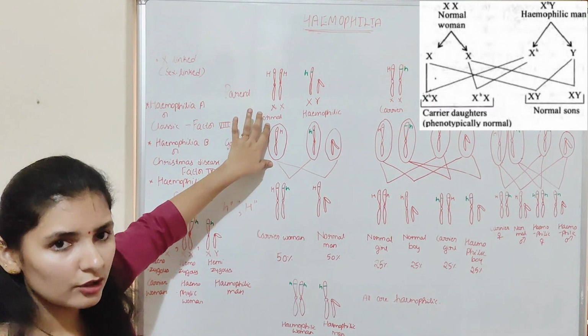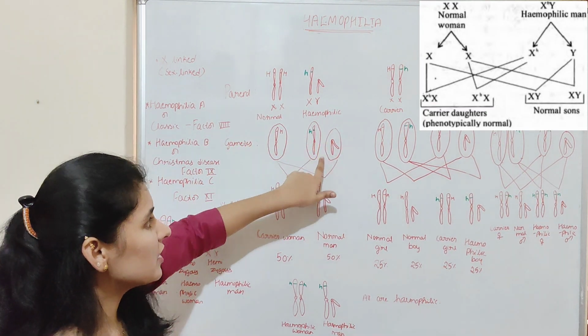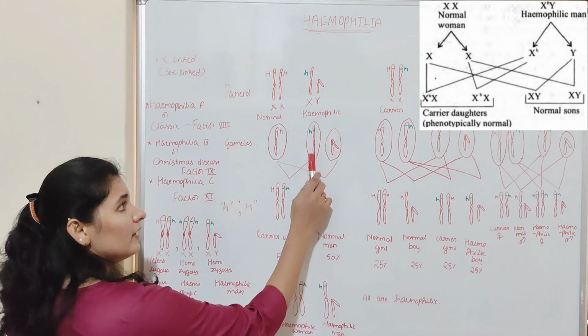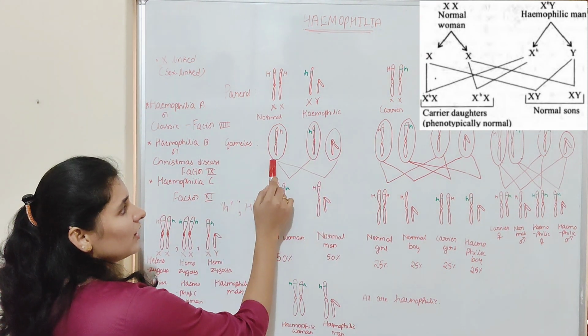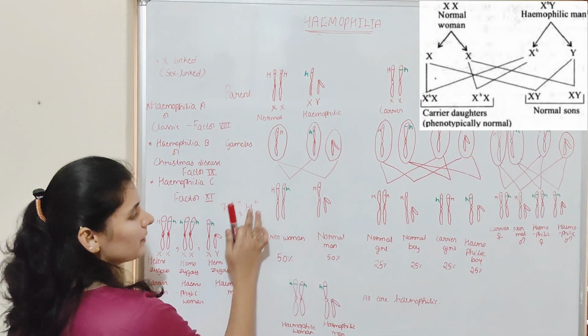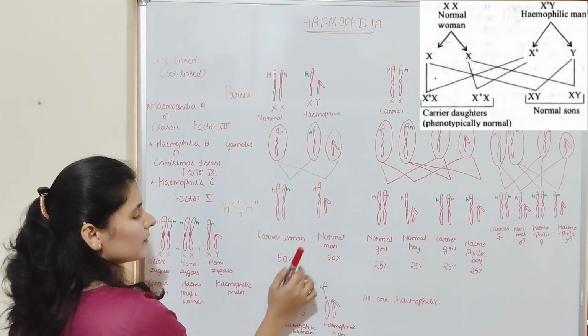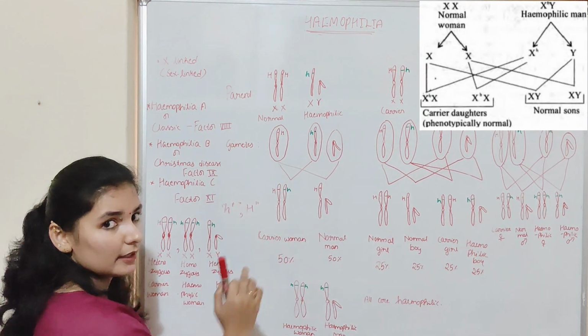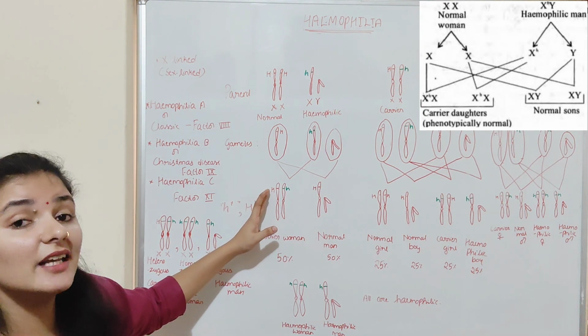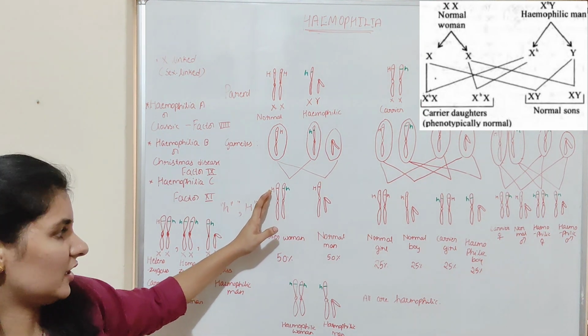So all the eggs are normal, whereas 50% of the sperm produced will have this abnormal gene. When this sperm having the abnormal gene fuses with the egg carrying the normal gene, it produces a carrier woman. So 50% of the offspring produced will be carrier women. Carrier woman means she will be normal, but she carries that abnormal gene to the next generation.